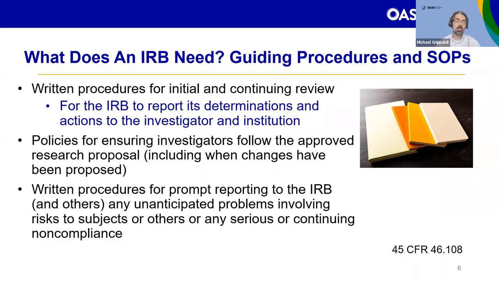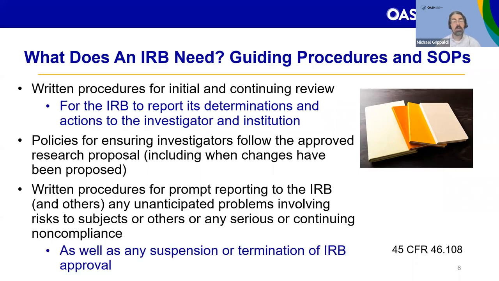As well, the IRB is also required to have policies for submitting reportable events, which are things like unanticipated problems, serious or continuing non-compliance, and how the necessary officials from different institutions will be contacted concerning those events. The regulations also state that there must be policies for reporting the suspension or termination of IRB approval.